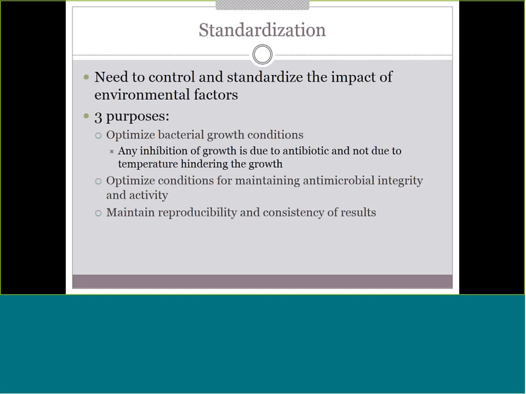That way, if it didn't grow, we knew it was because the antibiotic inhibited it, not because the temperature of the environment wasn't right. So we want to put it in the right ideal environment so that if it's going to grow, it's allowed to. But if it is inhibited, it's because the antibiotic killed it off, not because it didn't like the area it was in.